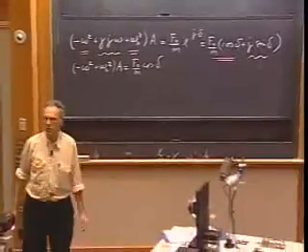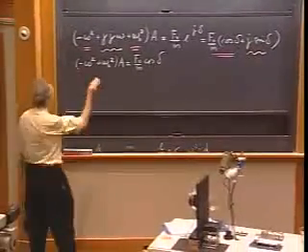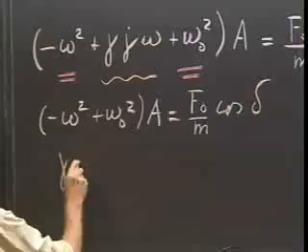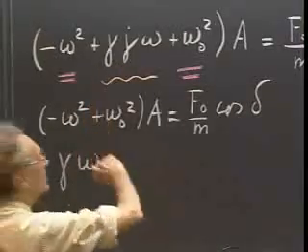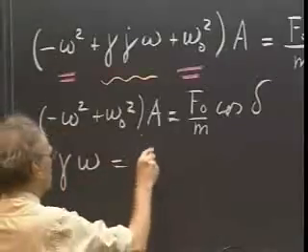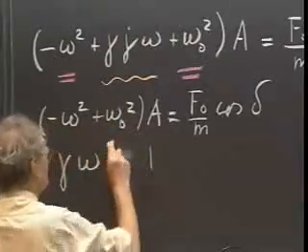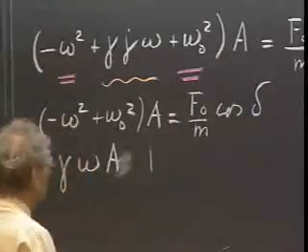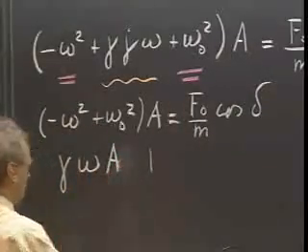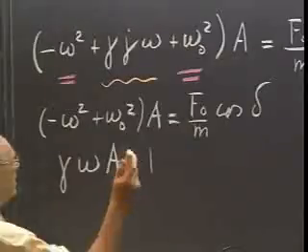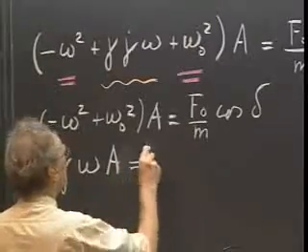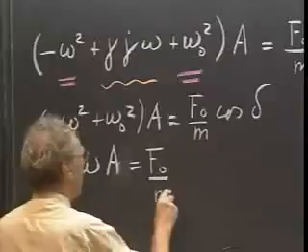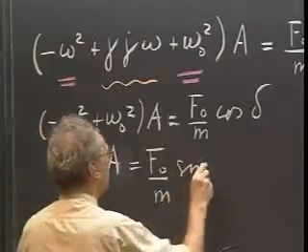Apples on both sides are equal, and now we get the oranges on both sides. Gamma omega times A, I still have this A here, equals F0 divided by m times the sine of delta.